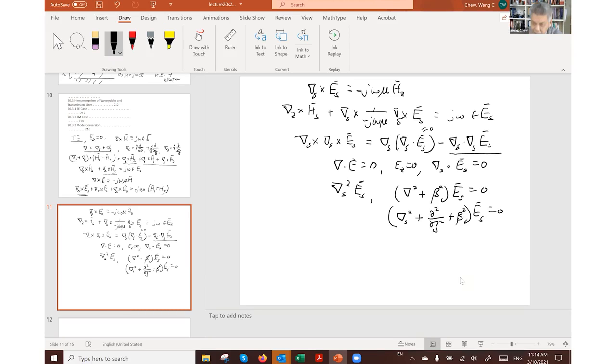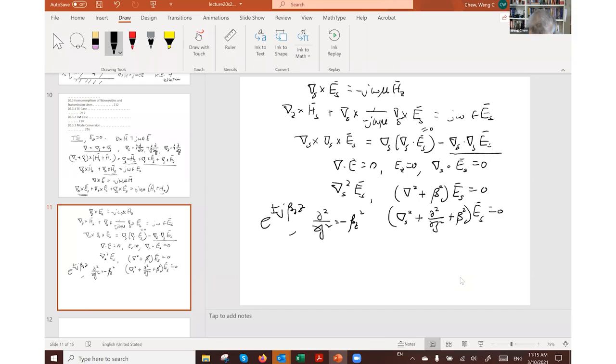And partial square, partial Z square for waveguide modes of this form. If you have such a kind of mode inside the waveguide, partial square, partial Z square becomes minus beta Z square.